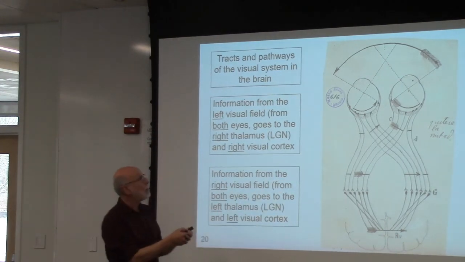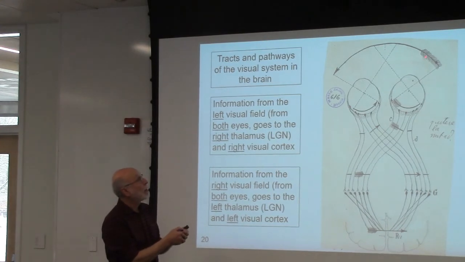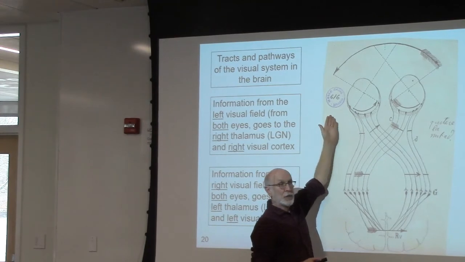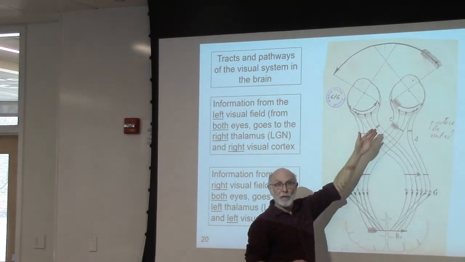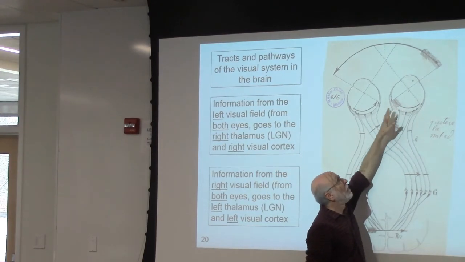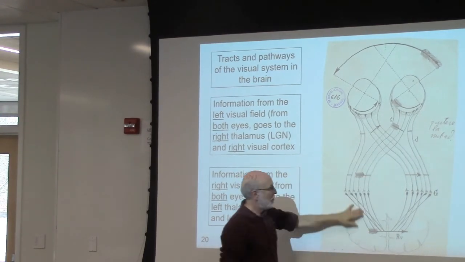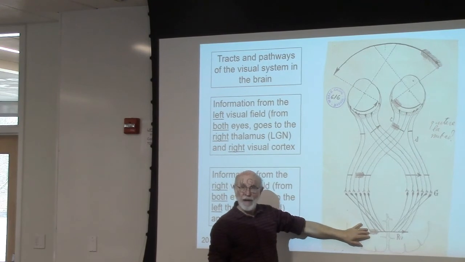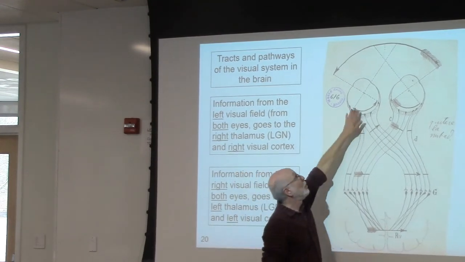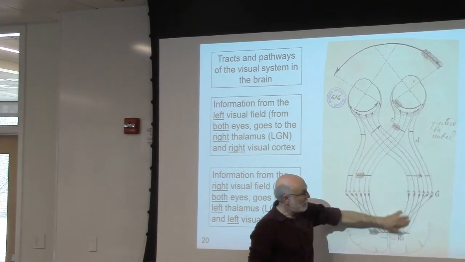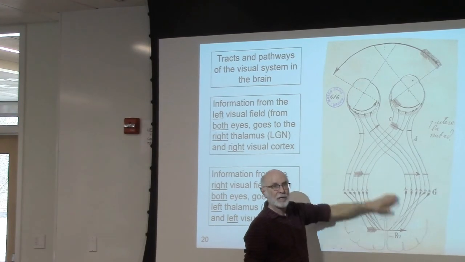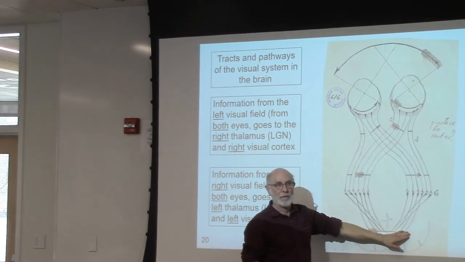So here is an image of an arrow being projected on both the left and the right visual field. And he was able to put together that the right visual field is mapped to the left occipital lobe, and the left visual field is mapped to the right visual cortex.